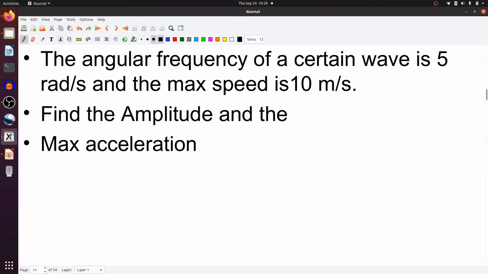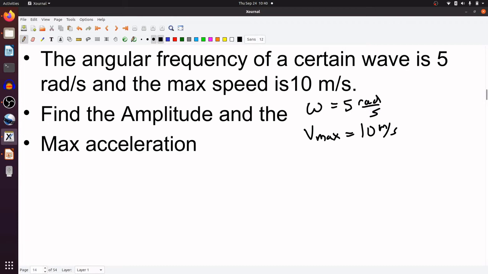The angular frequency of a certain wave is 5 radians per second, so that's my omega, and the maximum speed is 10 meters a second. We need to find the amplitude and the max acceleration. So we know omega is 5 rads per second and V max is 10 meters a second.